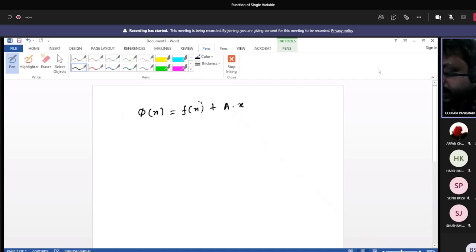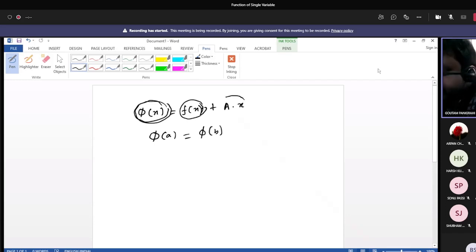We have considered that f x is continuous and derivable, so phi x is also continuous and derivable. So the first two conditions are applicable from the previous conditions of Lagrange's mean value theorem. Then your question is why phi a equals phi b, so that you can apply Rolle's theorem.